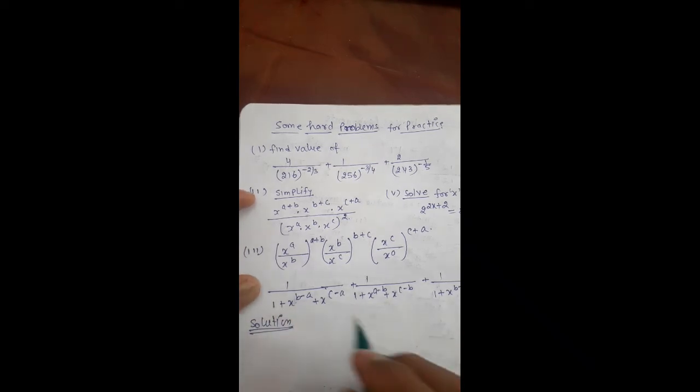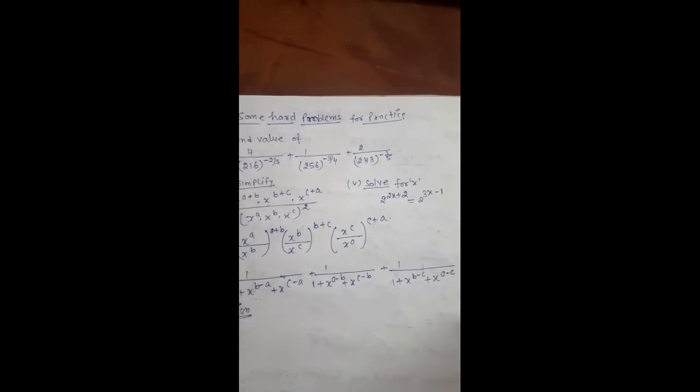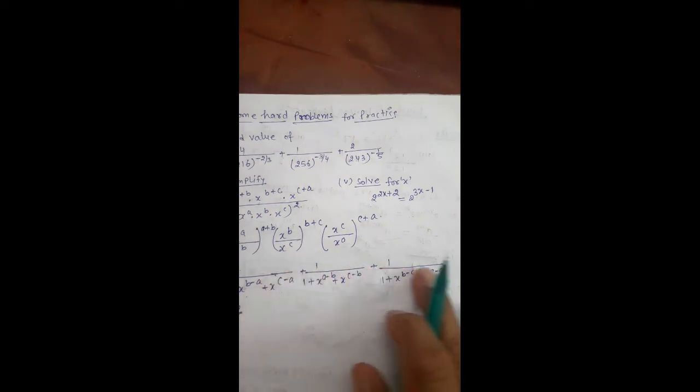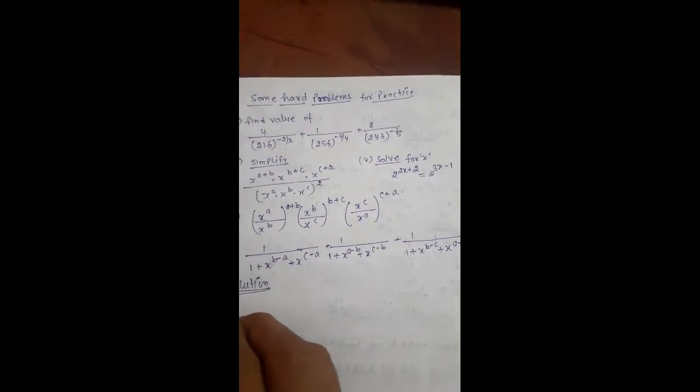So let us look at problem number 4. You are given 1 divided by 1 plus x to the power b minus a plus x to the power c minus a, and similarly in this form this question is given to you. So what will you do here? Solution. You will solve in such a way.